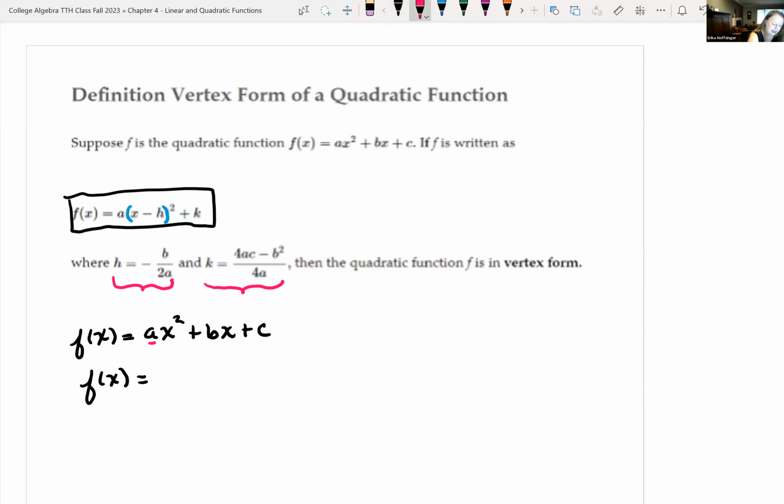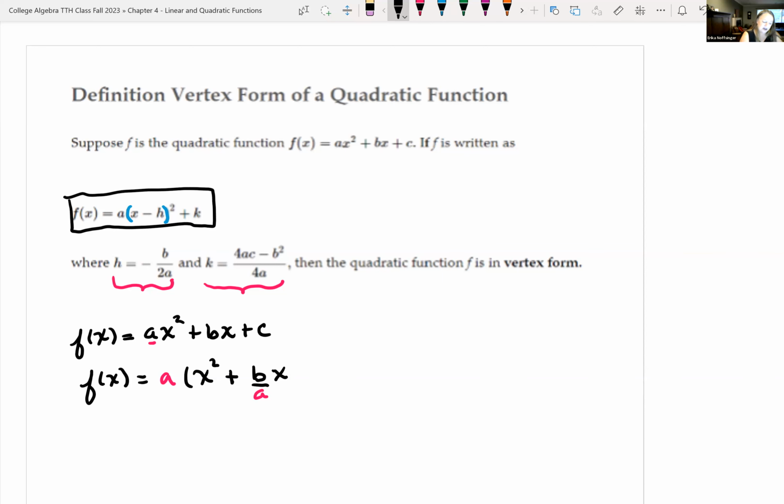So I'm pulling a out of the x terms. So if I pull a out of a times x squared, I'm left with x squared. Plus, if I pull a out of b, that's like b divided by a. If I distribute the a there, I would get b times x.